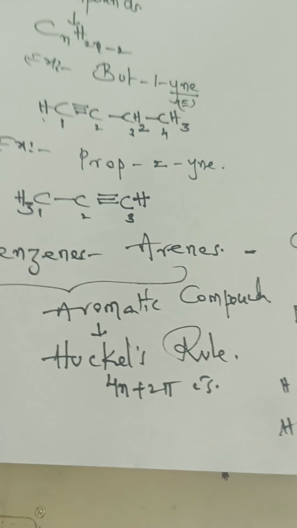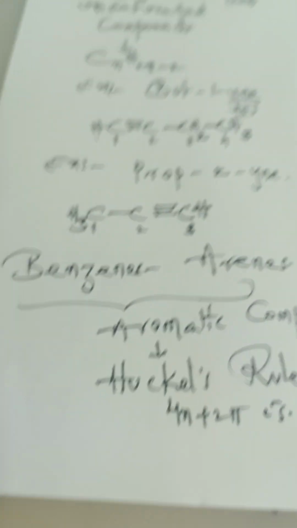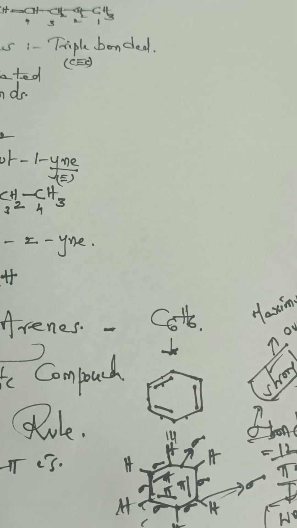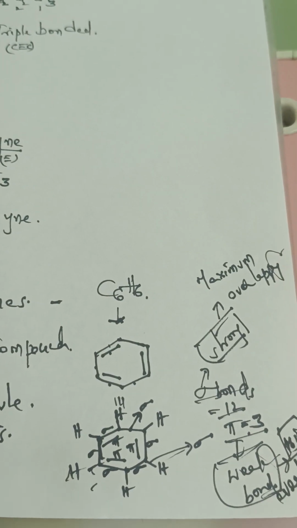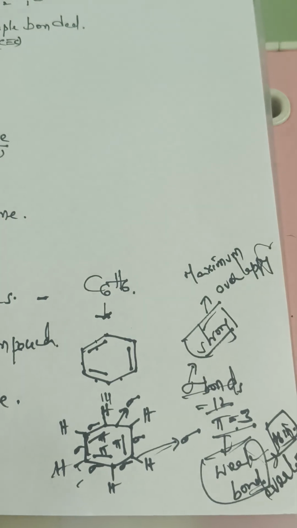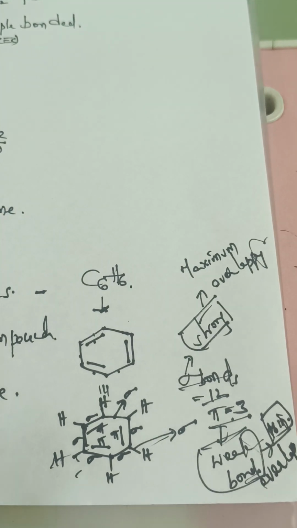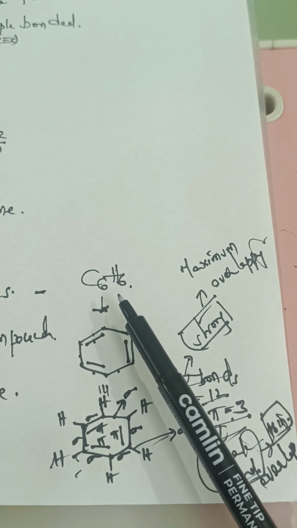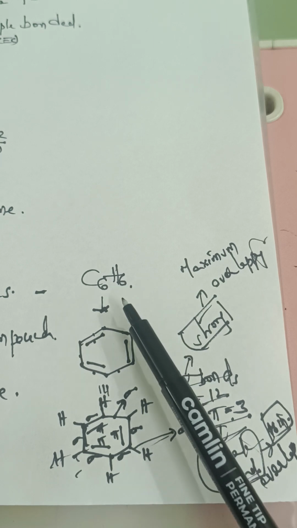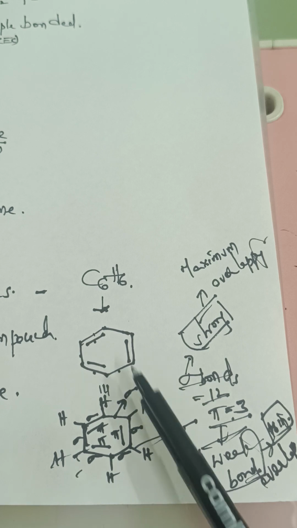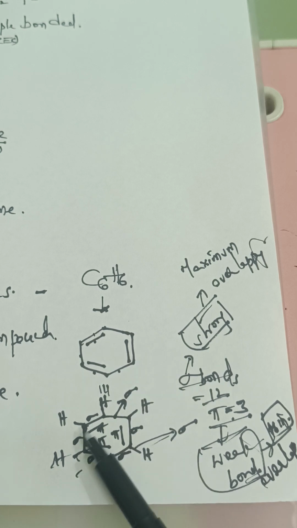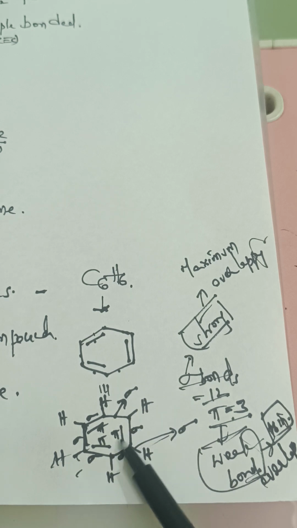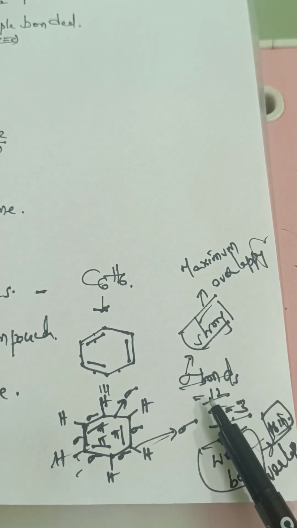If you go to the structure, I have taken the chemical formula. C6H6 is the molecular formula for benzene. The structure is like this. If you expand the bonds, you will get it like this. In this, how many pi bonds? 3 pi bonds are there, and totally 12 sigma bonds will be present.